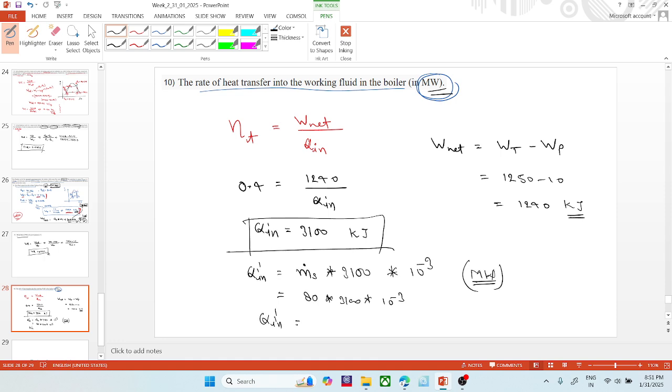So Q in dot would be 248 megawatts. The answer would be 248 megawatts.